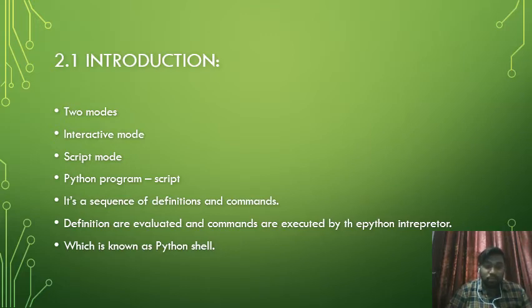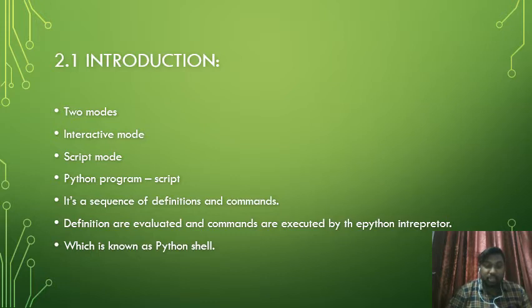In interactive mode we can type the Python code and get the output in the same place. The next one is script mode. Script mode is another mode where we type only the Python code, and we get the output from interactive mode. This is called script mode.